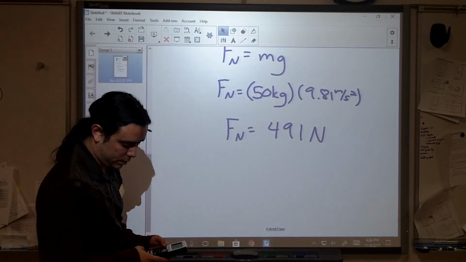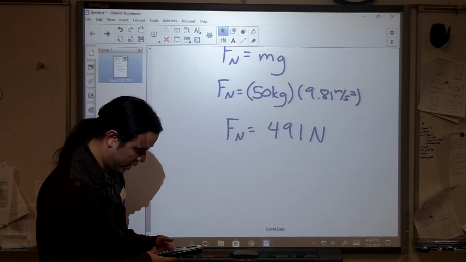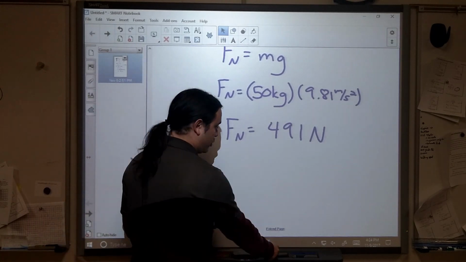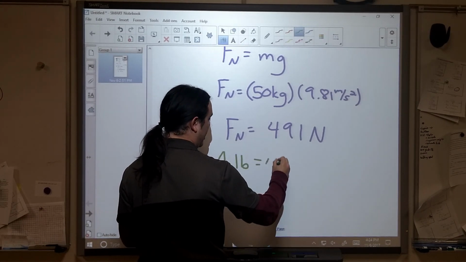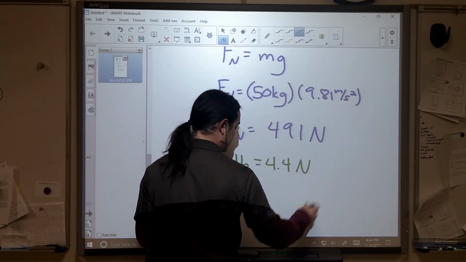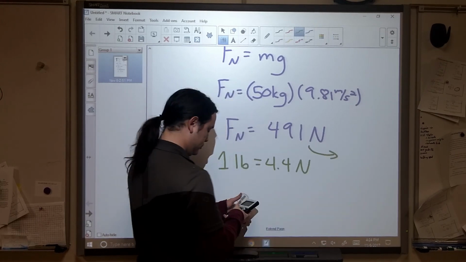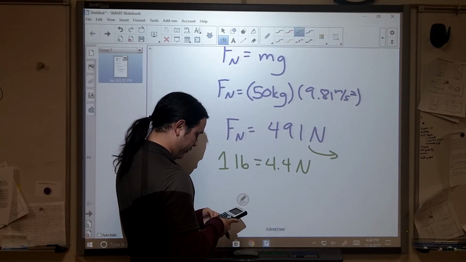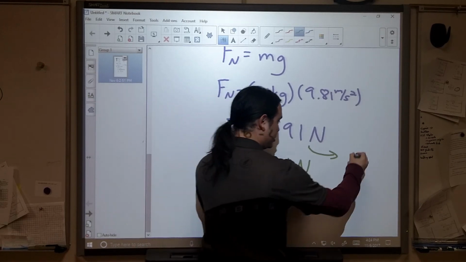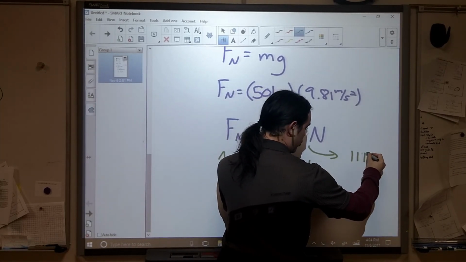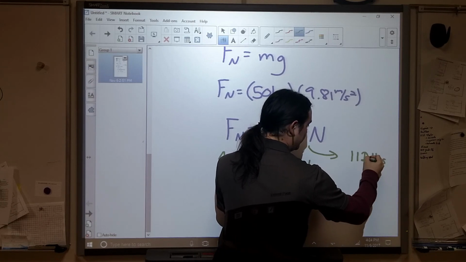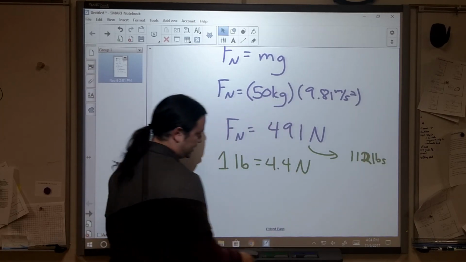That's what the scale would read if I had a scale that read in newtons. Now, here's where I'll remind you that 1 pound is equal to about 4.4 newtons. So that means that this, in numbers you might be more familiar with, is about 111.5, so maybe 112 pounds. Now, I'm using an example here.